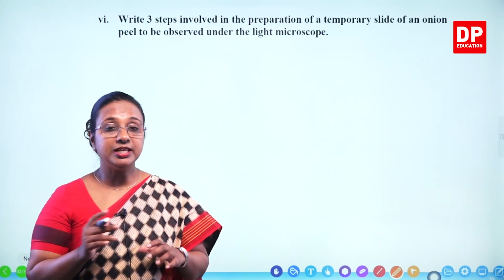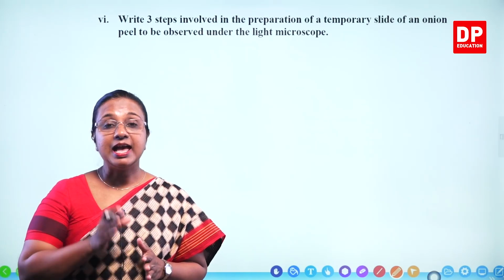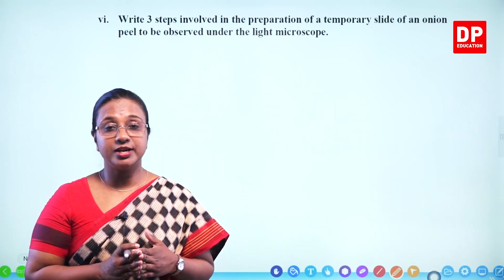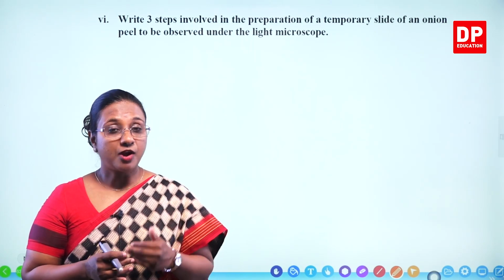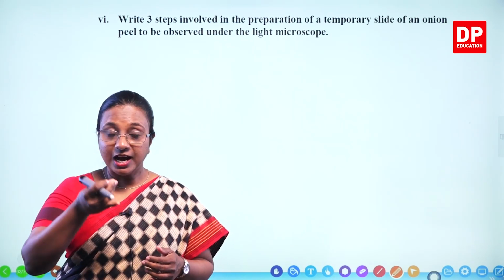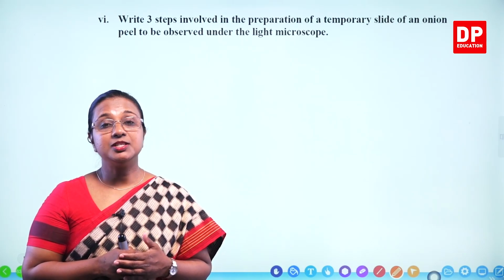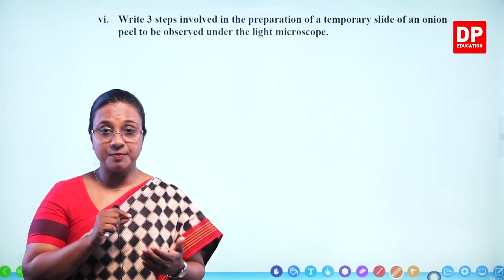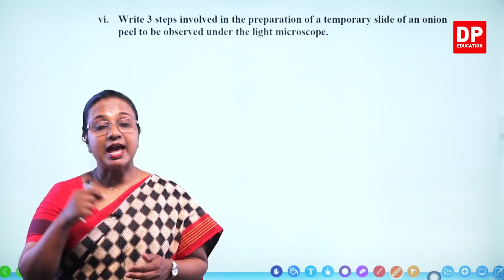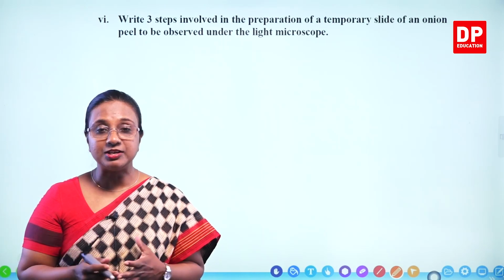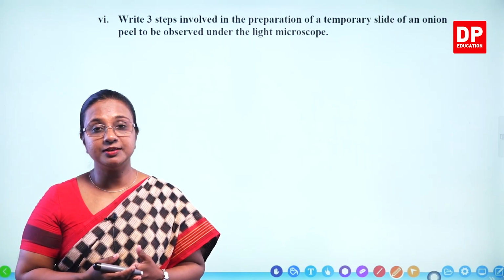We peel the onion, remove the skin and take out a fleshy part of the onion peel. From that, we cut very tiny specimens or peels from the flesh and put that into either a watch glass or a petri dish containing water.